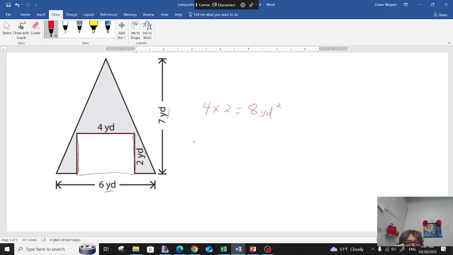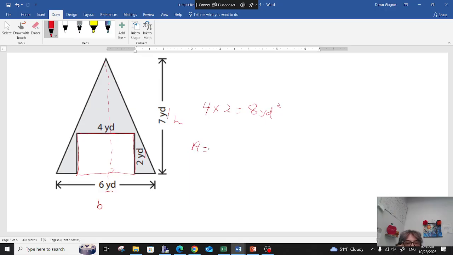Now the height of this triangle is 7, and this would be your base. You could tell that it makes a nice right angle. However, normally you see heights on the inside like this, right? But they just drew it on the outside, which is okay. Means the same thing. Okay, what's the area for the triangle?